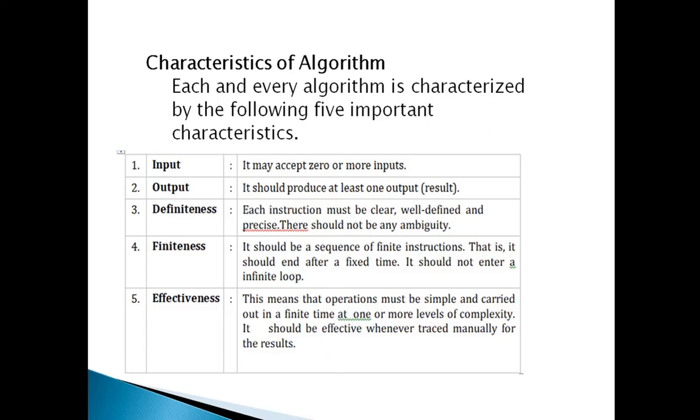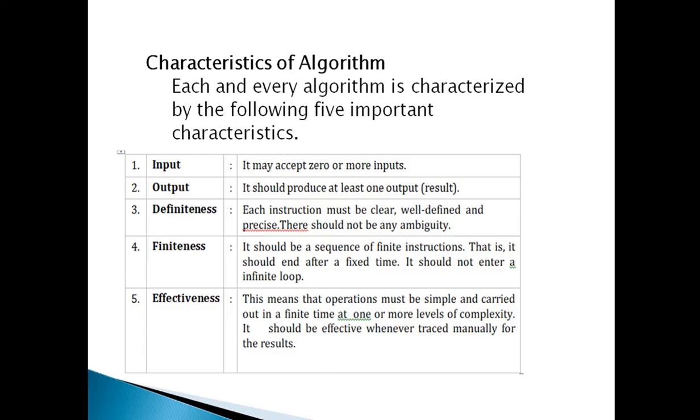That is, it should end after a fixed time, or after a fixed number of steps. It should not enter an infinite loop, and there should not be too many steps or instructions. That is the meaning of finiteness. That is the fourth characteristic.